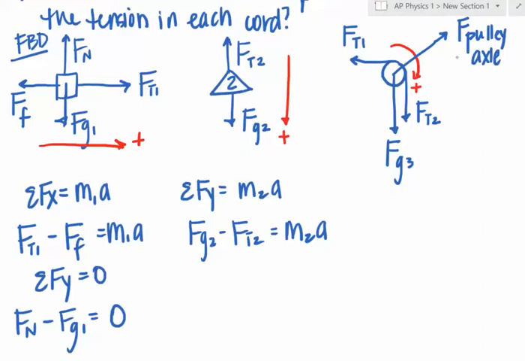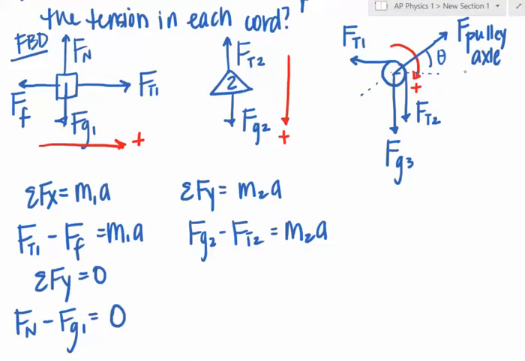Now, summing the linear forces on this guy would be interesting because we've got X, Y components here. We would have to know this angle right there, because isn't our pulley axle force at some angle?